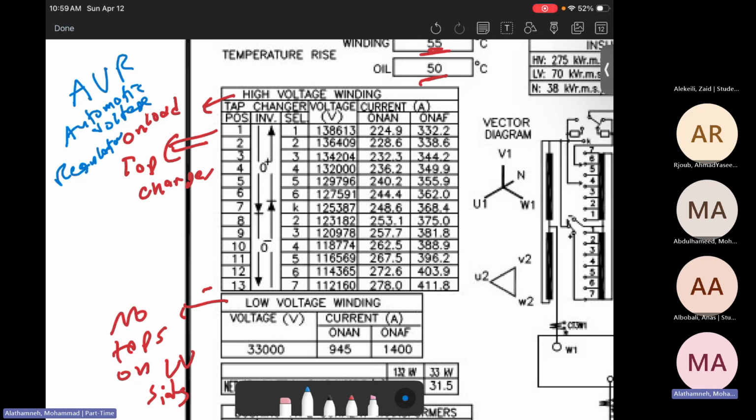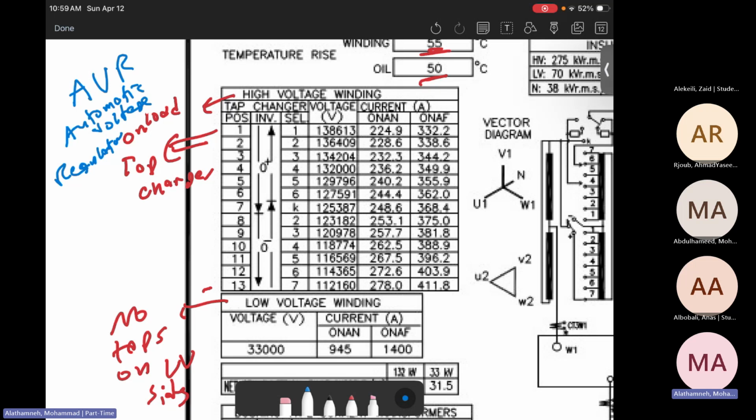It will be switched automatically to maintain the voltage level, to make sure that the voltage level is fine. If there is a lower voltage, which basically happens when there is a heavy load causing the voltage to be reduced, then the transformer will detect that the voltage is getting lower and increase the tap changer.